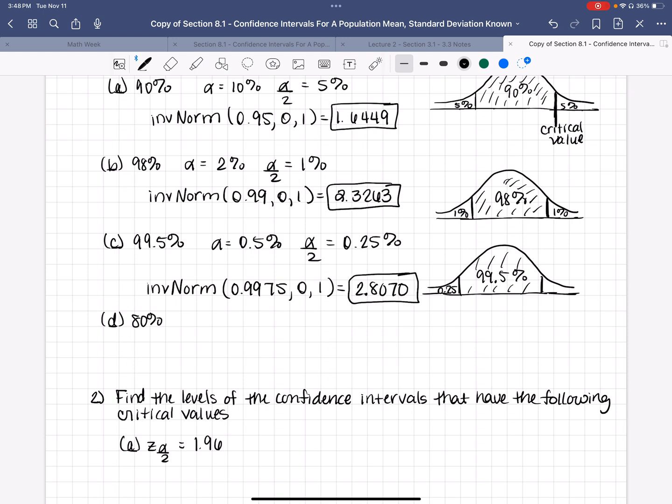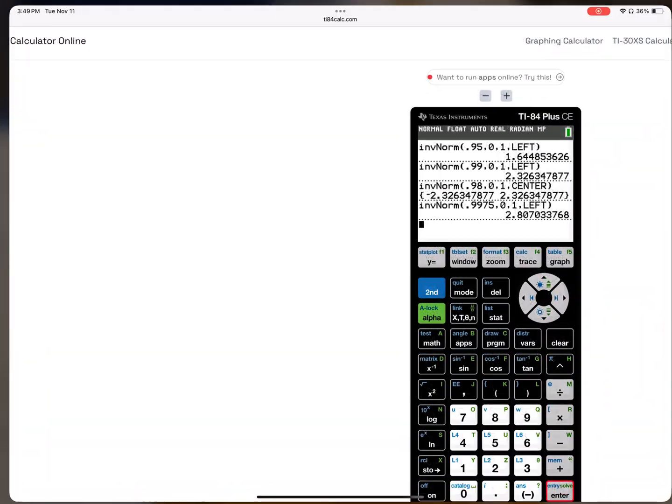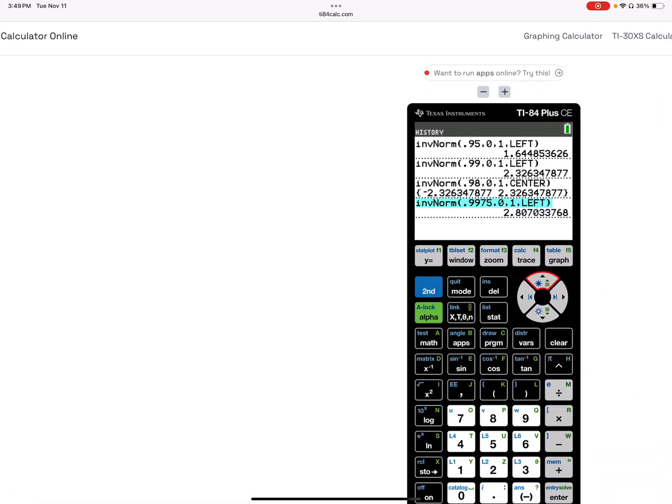Okay. And then if I'm looking at 80%, so my confidence interval is 80%. Well, if that's 80%, that means my alpha that's left is 20%. So alpha over 2 is 10%. Okay. So this is 10%. This is 10%. So I go back in my inverse norm, then I'm going to be at 90%.